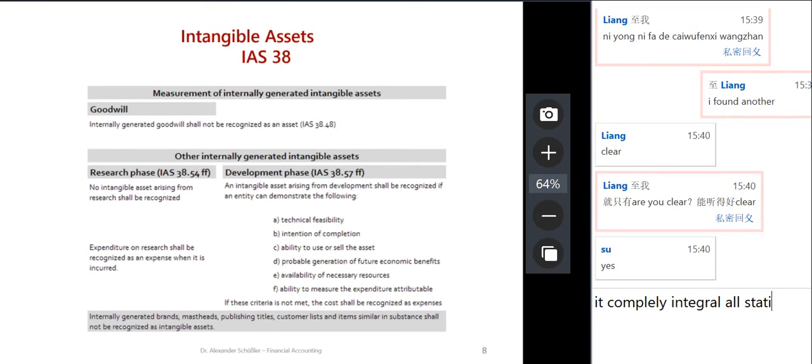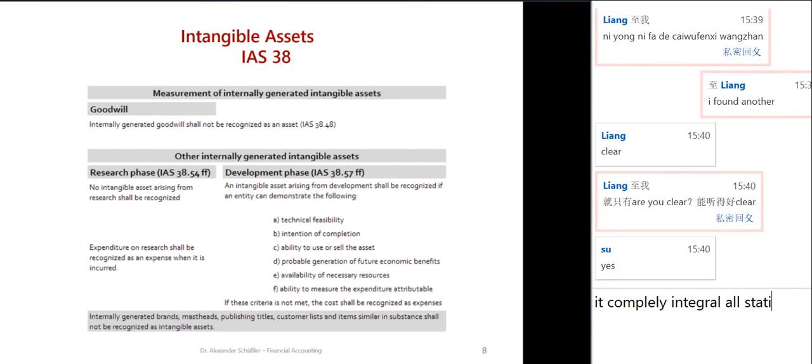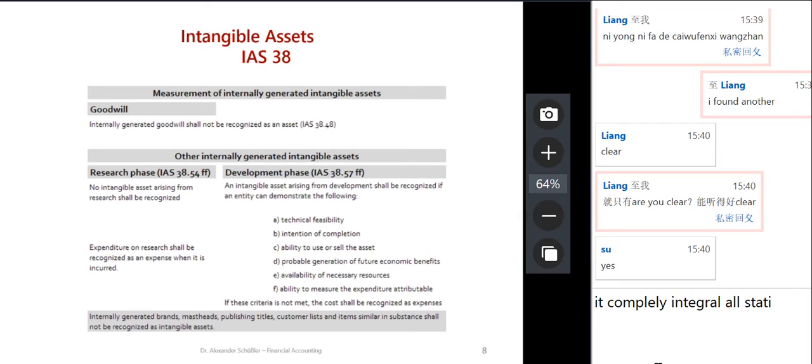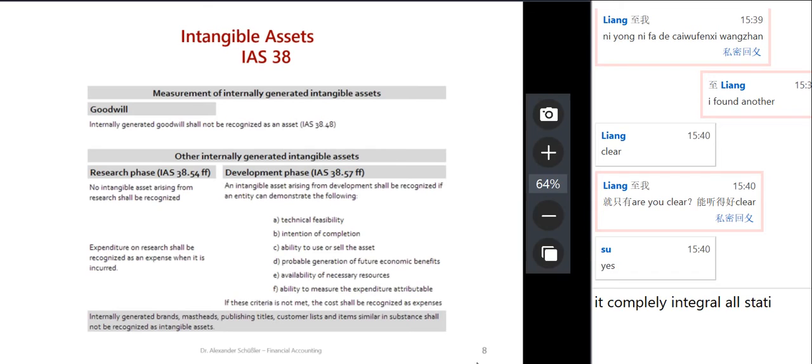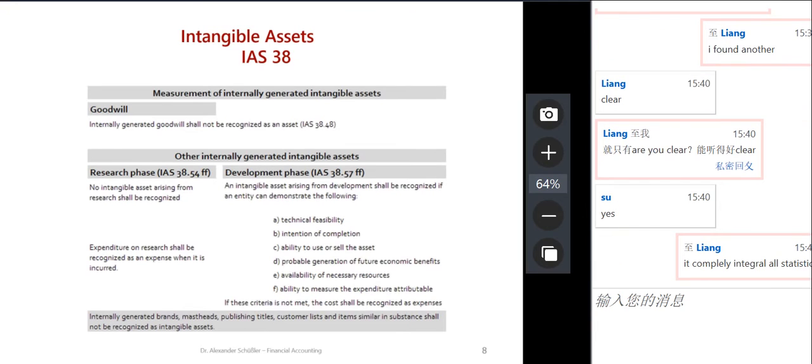Okay. So when we're talking about internally generated intangible assets, so this is not purchased assets, but internally generated assets, then generally we are not allowed to recognize it as an asset.